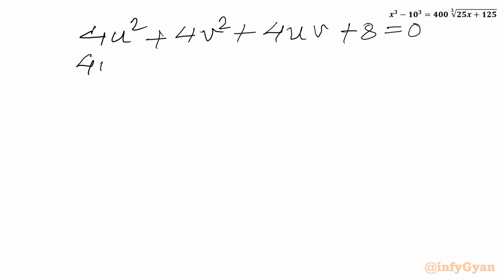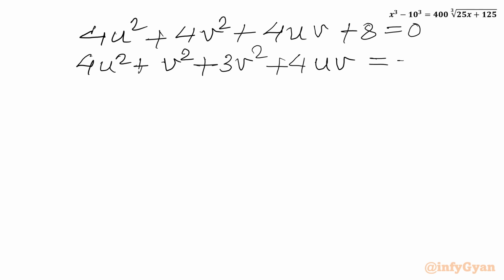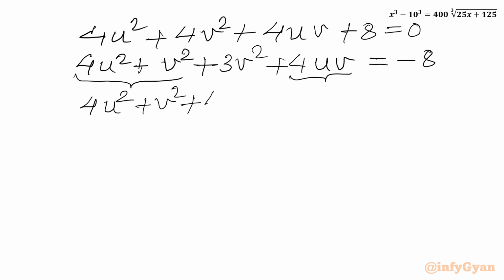Or we can write 4u square plus, let's split 4v square as v square plus 3v square. Then we have 4uv. And I will take plus 8 to the RHS. It will become minus 8. Now from these three terms, if I write all together, 4u square plus v square plus 4uv.